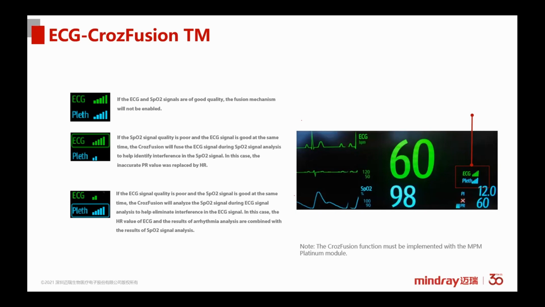The cross-fusion will fuse the ECG signal during the SpO2 signal analysis, so we can provide a correct pulse rate according to the ECG measurement. And the third situation is similar. The ECG signal is poor and the SpO2 signal is good. So we can use the SpO2 reading to provide a more accurate reading for the pulse rate and heart rate. And since we have different versions of the MPM module, please note that the cross-fusion function must be implemented with the MPM Platinum module.